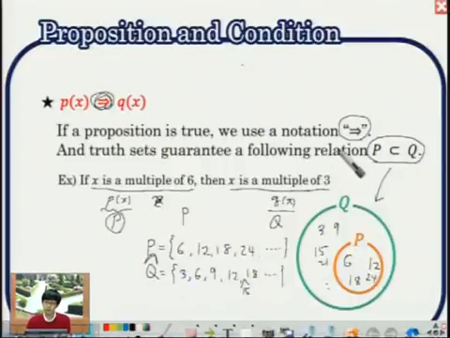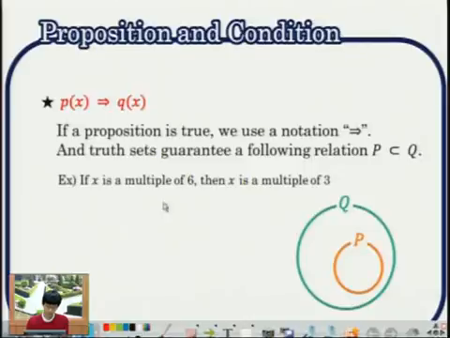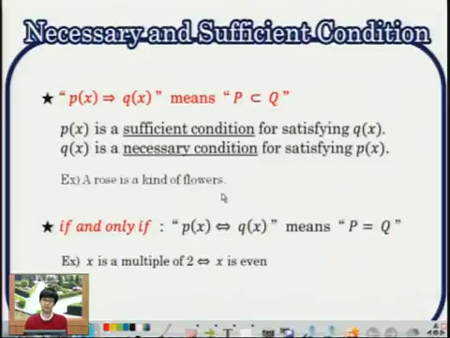So, are you with me? This is where x is a multiple of 6. These are the x's. Okay, let's move on.